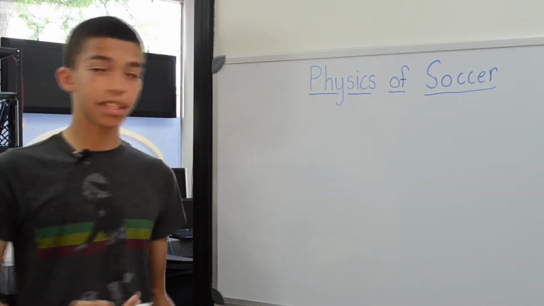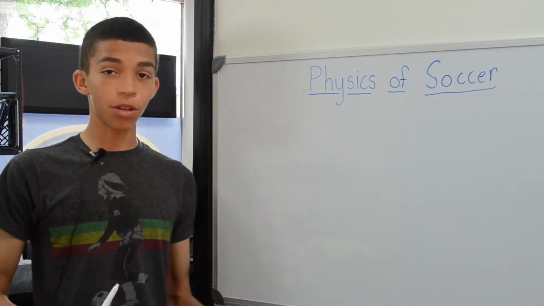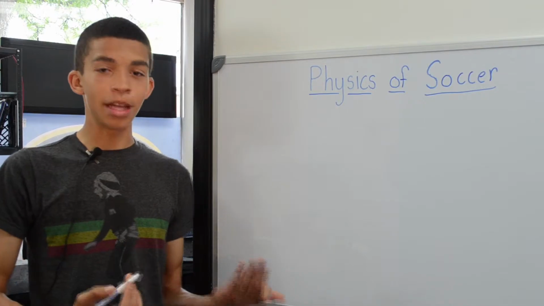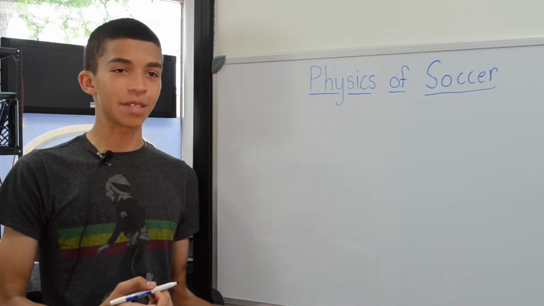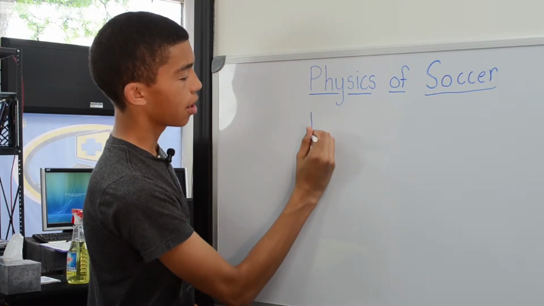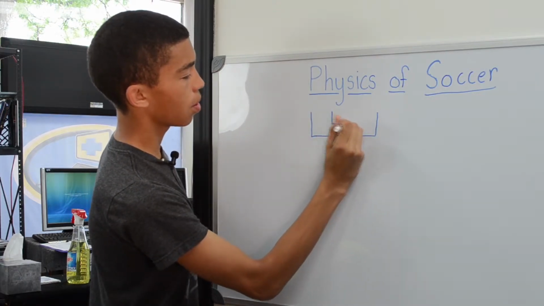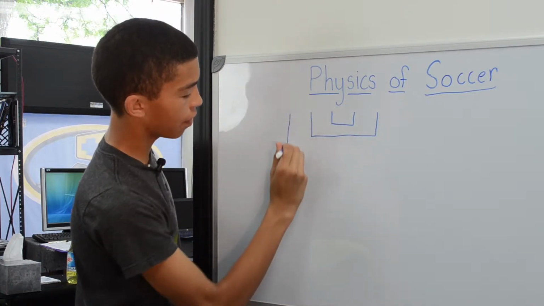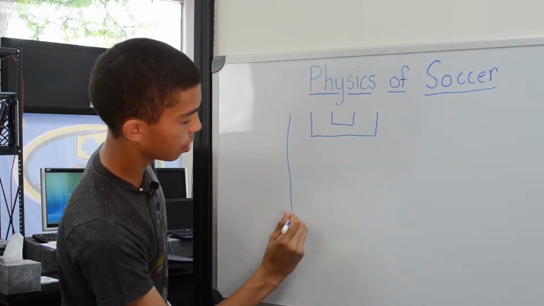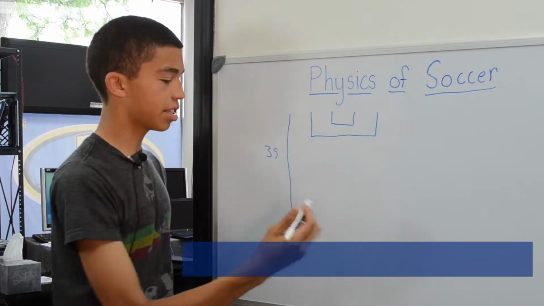So in 1997, a Brazilian player named Roberto Carlos scored a goal. He did not know he was using physics, but all the ideas behind it are. Roberto Carlos was about 35 yards away from the goal, which is quite a distance.